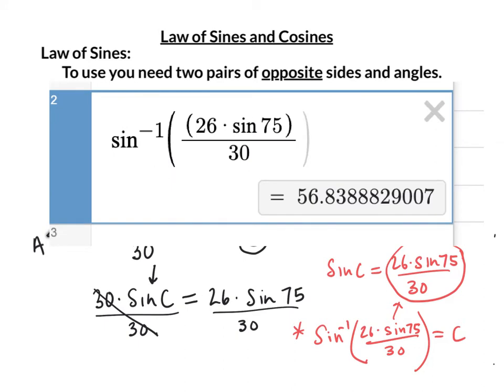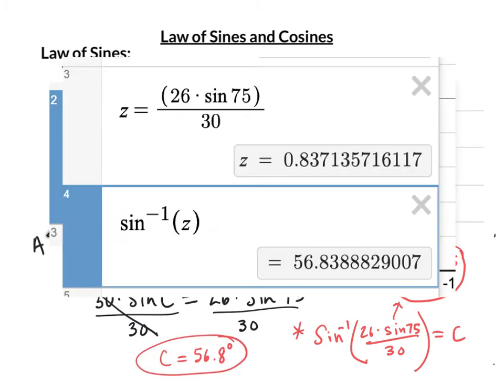One way is to use lots of parentheses. Notice that I use parentheses inside here to do 26 times the sine of 75 and then divide by 30, and then I had to put parentheses around that to do the inverse sine of that. And there's my answer. I can see that C is 56.8 degrees. That's angle C.